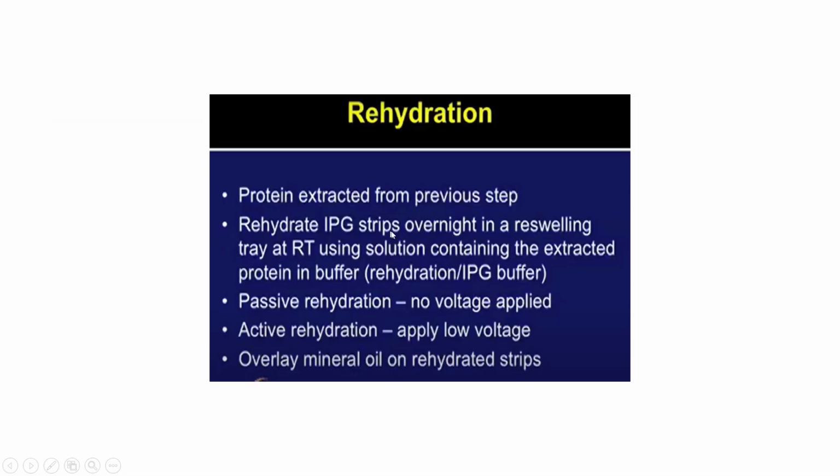You'll rehydrate those IPG strips overnight in a reswelling tray at room temperature. It is done in two ways: passive rehydration as well as active rehydration. Passive indicates there will be no voltage applied, only the rehydration buffer, also called IPG buffer, is added.